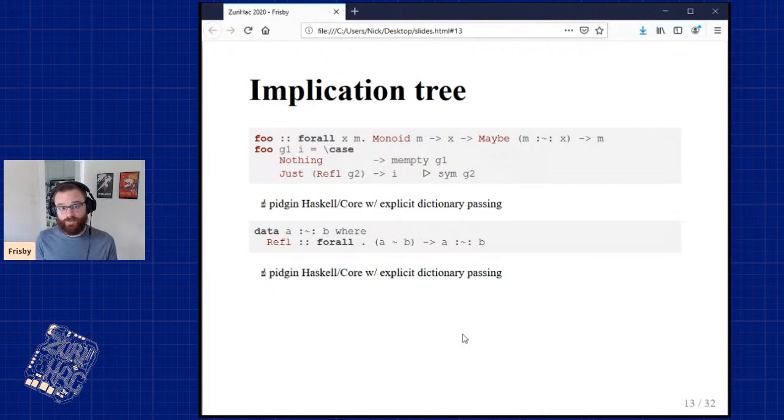So what I've done here is I've filled in the blanks. This is now sort of a pidgin language of Haskell and GHC Core. In GHC Core, we've adopted the implementation method of dictionary passing, where a dictionary is the evidence for the Monoid class, or it's the coercion for an equivalence.